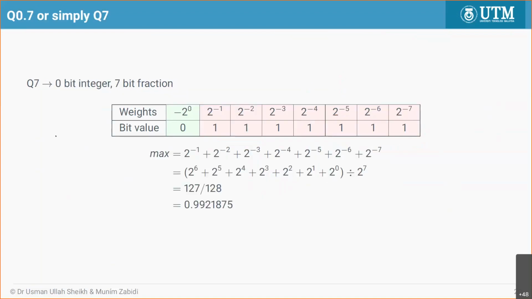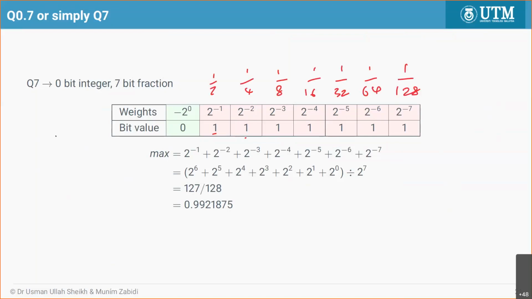And what is the biggest number in an 8-bit fraction? This is the one. You add all these numbers, and when you go to decimal, a lot of funny numbers, so I don't show them here. But if you write it as fractions, it will be 1/2, 1/4, 1/16, 1/64.